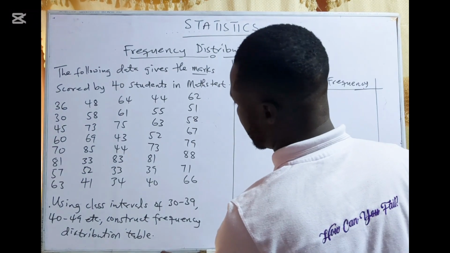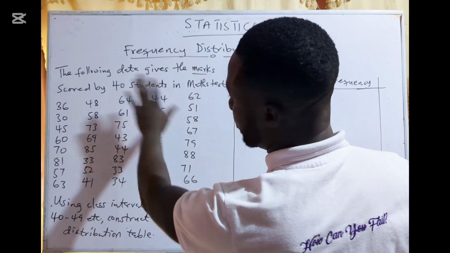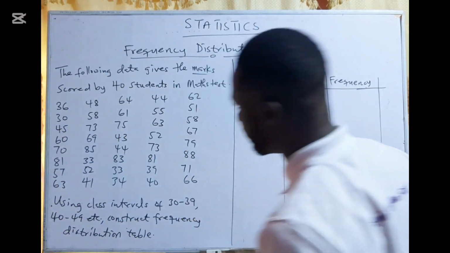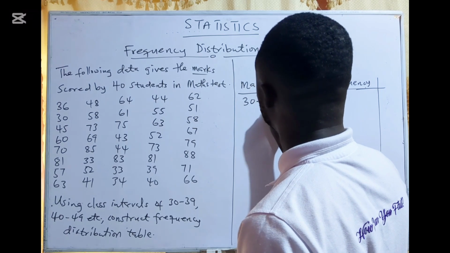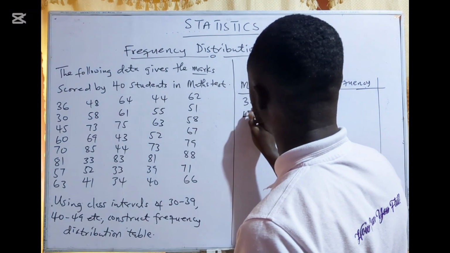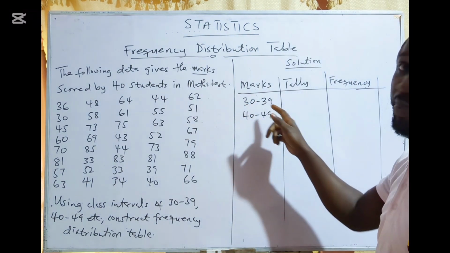So looking at the values, say we use the class 30 to 39. Looking at the numbers here, the least number is 30. So that's where we are going to start from: 30 to 39, 40 to 49, etc. We will follow this pattern.